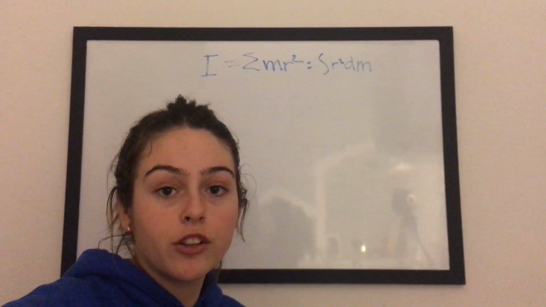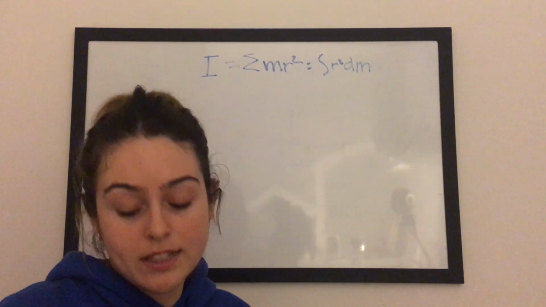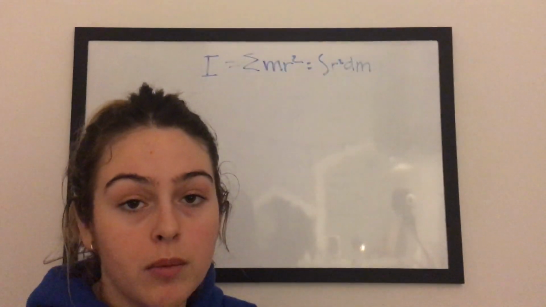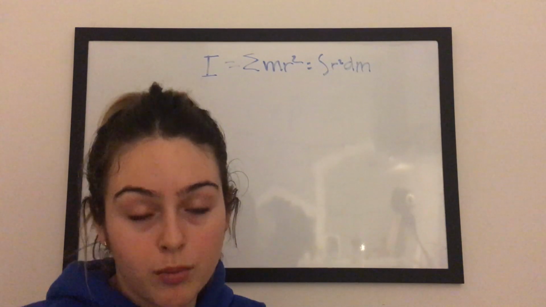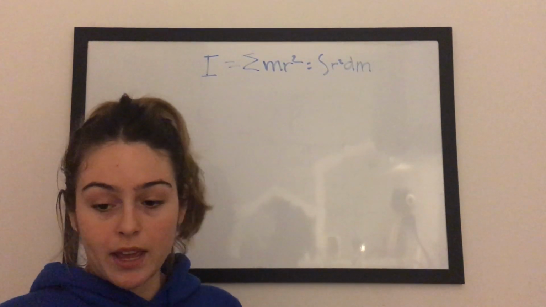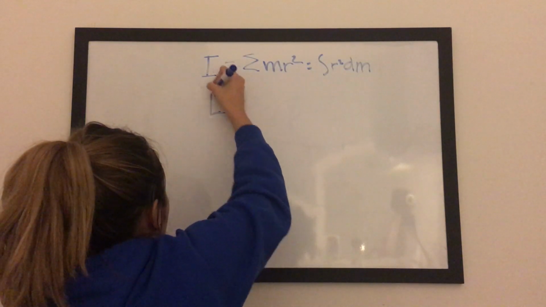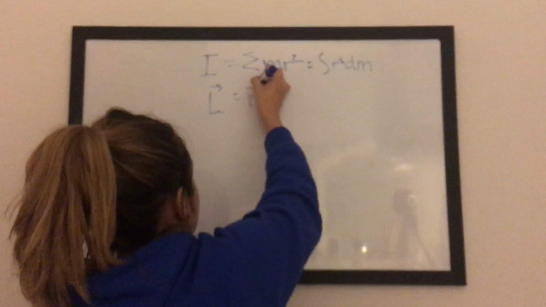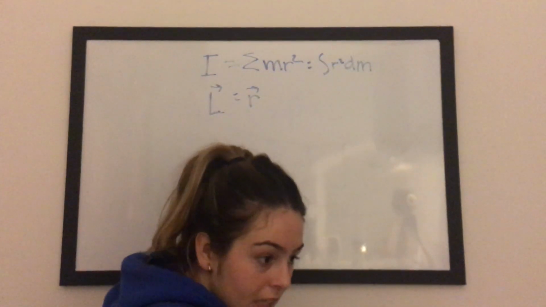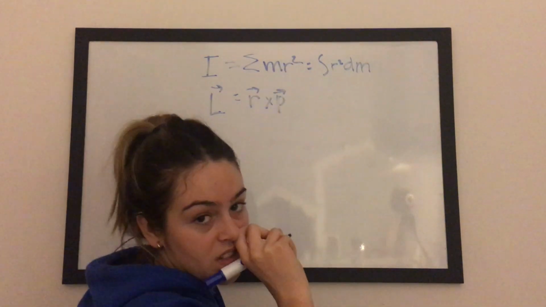So essentially, angular momentum is a measurement of how difficult it is to stop a rotating object from moving. So angular momentum is denoted by the following symbol, and a common formula for this is r, radius or distance, times p, which is essentially just momentum.